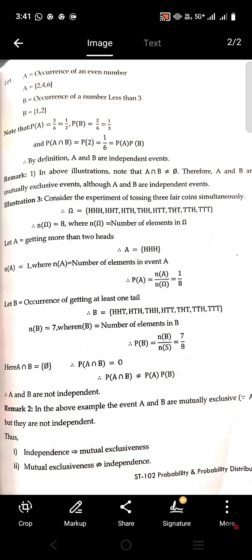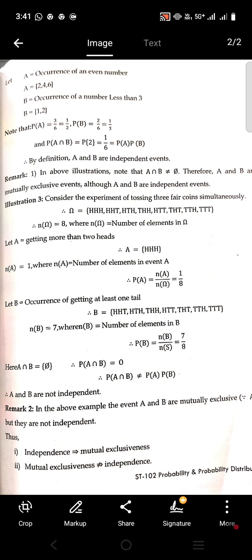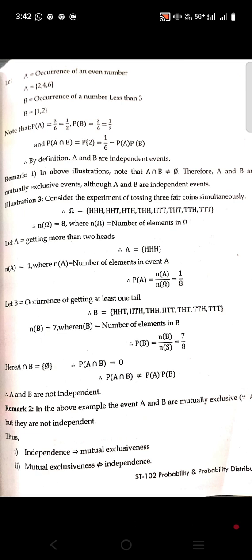In the total sample space, the only favorable event for more than 2 heads is HHH. So A equal to HHH, and n of A equal to 1, where n of A is the number of elements in event A. The probability of event A equals n of A divided by n of Omega, that is, the favorable event is only one, and the total sample space is 8.